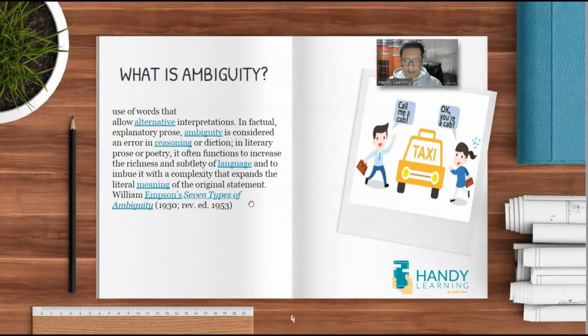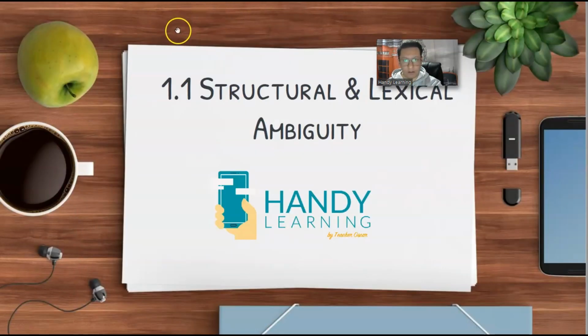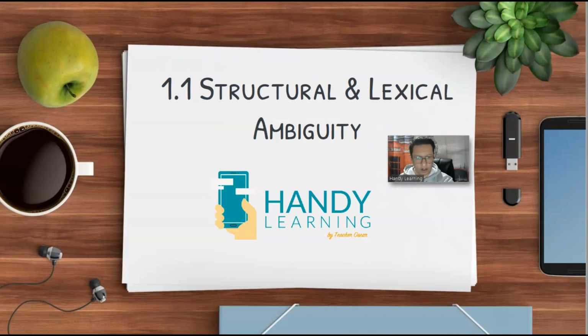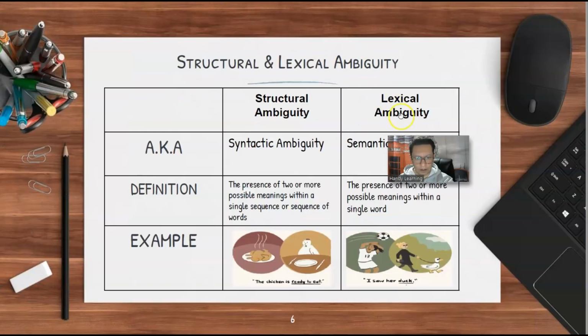Ambiguity, as I was saying, is when in a text the words create or allow the space or the chance for multiple interpretations or meanings. In this way we have two forms of ambiguity, which are structural and lexical ambiguity.